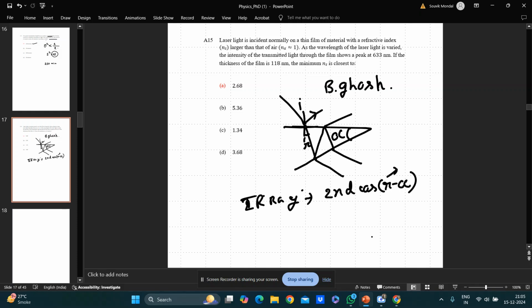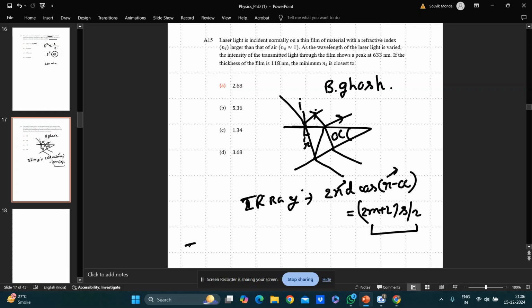And n is the refractive index of the material, equal to (2m plus 1) lambda by 2. For the reflected ray case, this should be the constructive interference condition, because one ray is reflected at a denser medium and one is reflected at a rarer medium. So this is the reflected ray case.